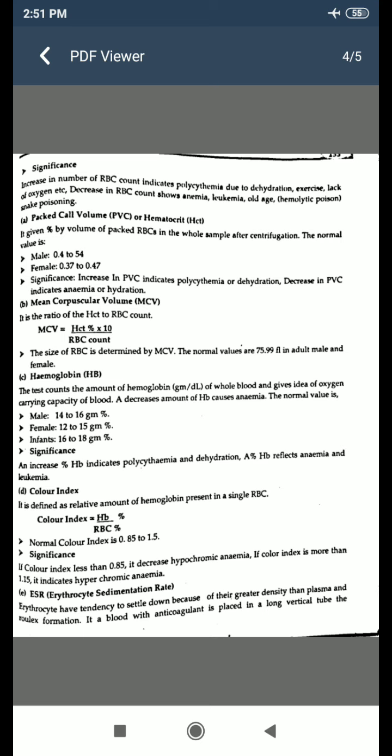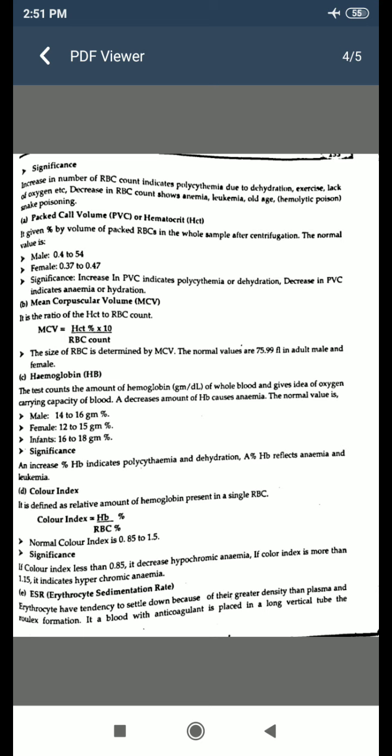Then C is the hemoglobin, that is Hb. The test counts the amount of hemoglobin in gm per dl of whole blood and gives an idea of the oxygen carrying capacity of blood. A decreased amount of Hb causes anemia.